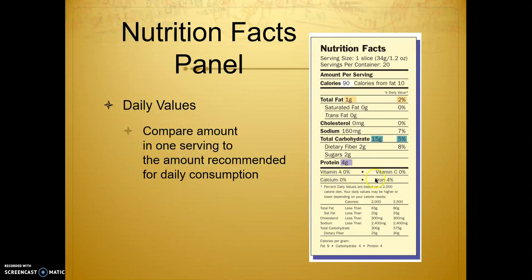Calcium and iron are required to be on your label. If you choose to put potassium on your label, put it here underneath sodium. If you choose to put any other vitamins and minerals, you would list them below these four, which are required.